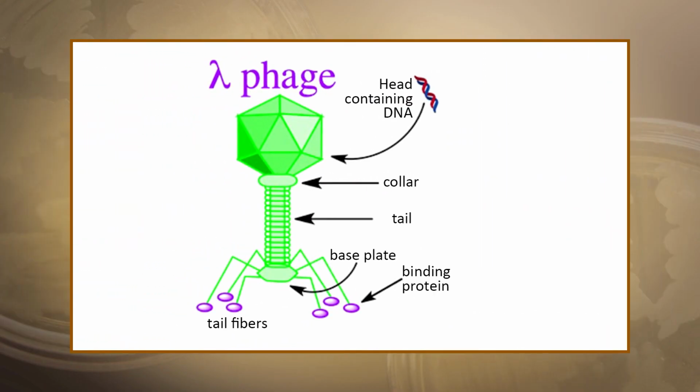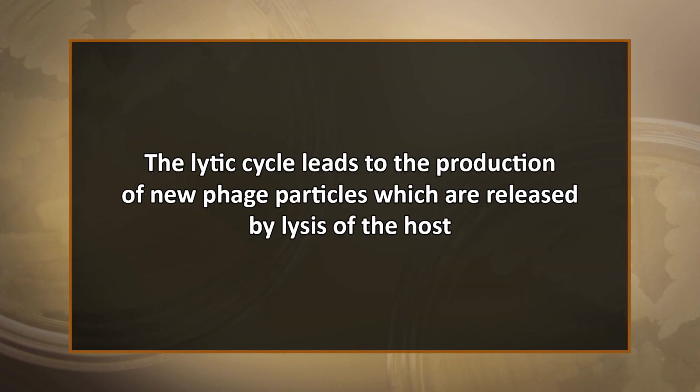If the lysogen is induced, for example by UV light, the phage genome is excised from the bacterial chromosome and initiates the lytic cycle, which culminates in lysis of the cell and the release of phage particles. The lytic cycle leads to the production of new phage particles, which are released by the lysis of the host. In both cases, the transducing phages are usually defective in some respect. For example, they often lose the ability to lyse host cells.